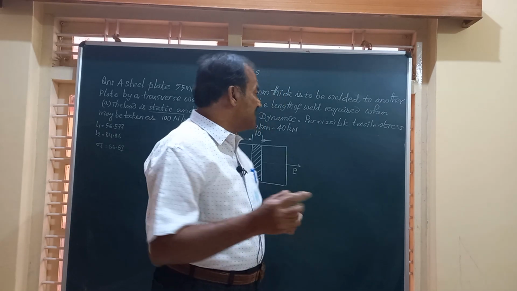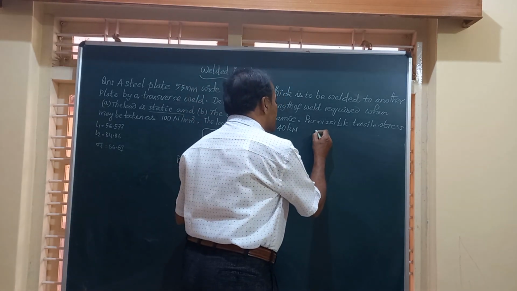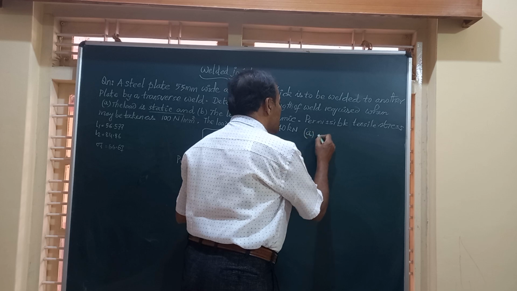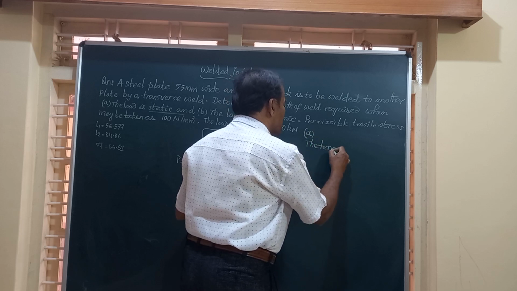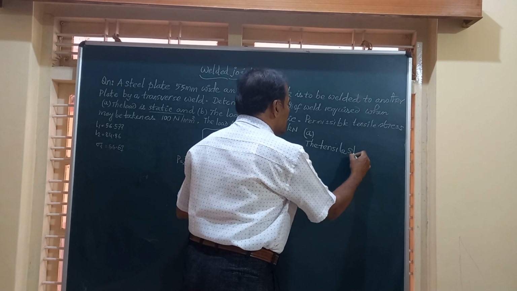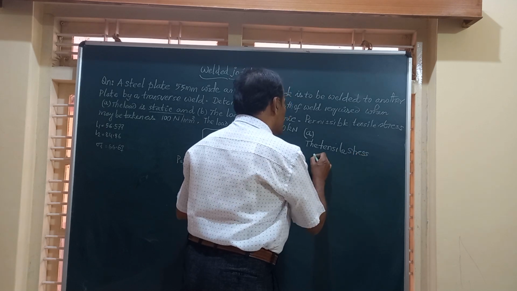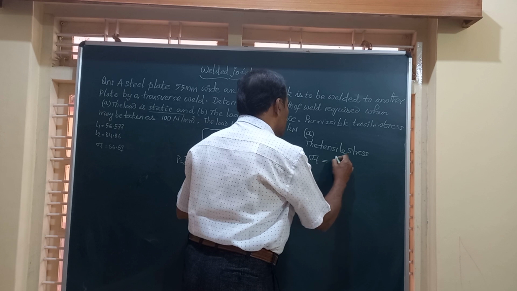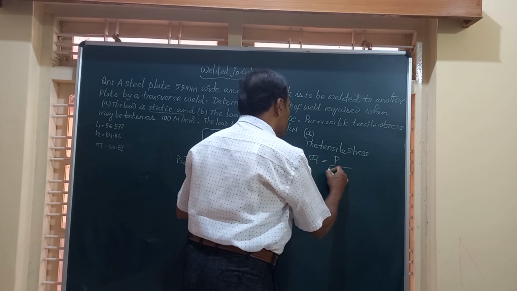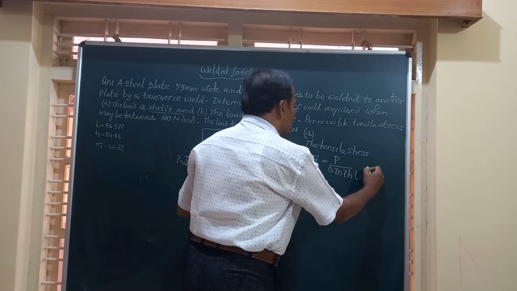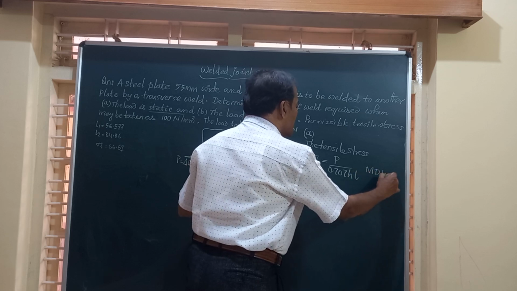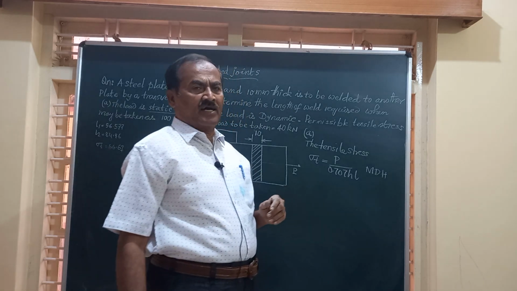Friends, you know very well that a normal weld or a transverse weld fails by tearing, and the tearing stress or the tensile stress is given by the formula sigma tensile is equal to P divided by 0.707 H into L. So this equation is available in the machine design data handbook.